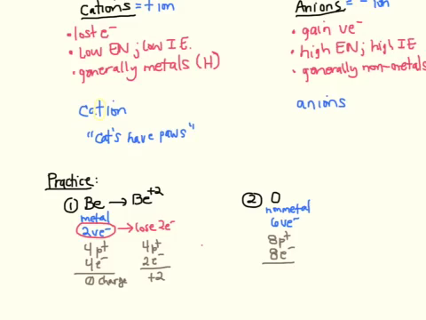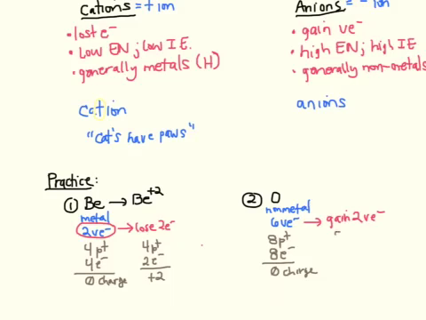So it had 8 protons and it has 8 electrons when it's neutral, so that gives it a 0 charge. And it wants a total of 8 valence electrons, and it currently has 6. And so what it's going to do is it's going to gain 2 valence electrons to give it a total of 8.